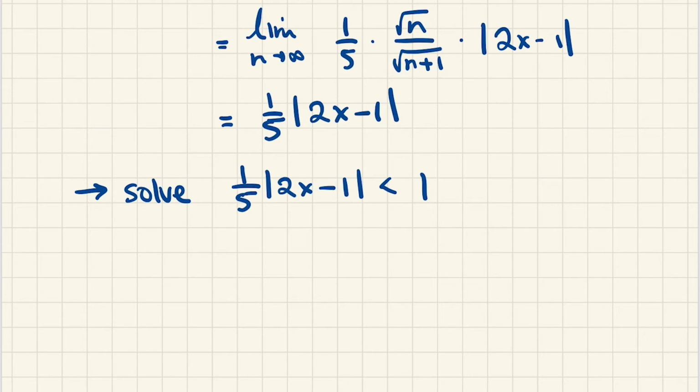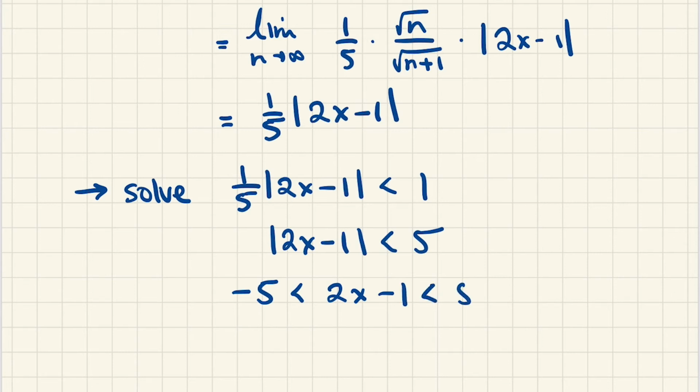So, okay, very good. Let's multiply by 5 just to get the absolute value part by itself. And now we have absolute value of stuff less than 5. We can write this, of course, as -5 less than that stuff less than +5, and continue isolating x in the middle.